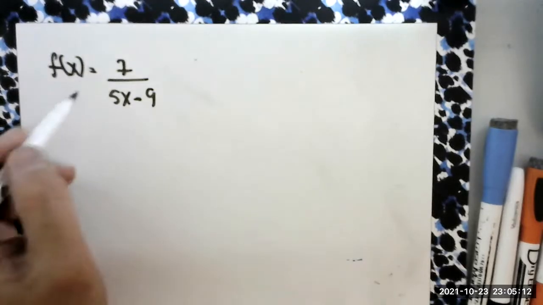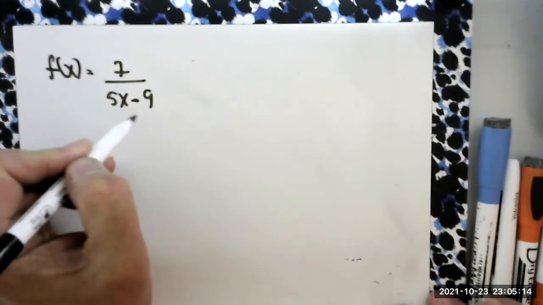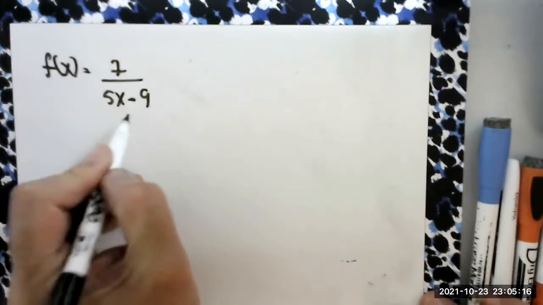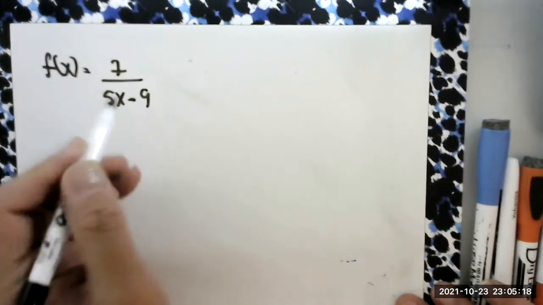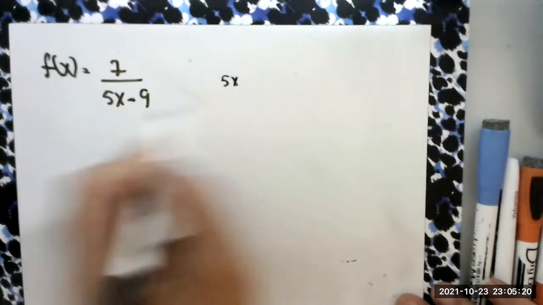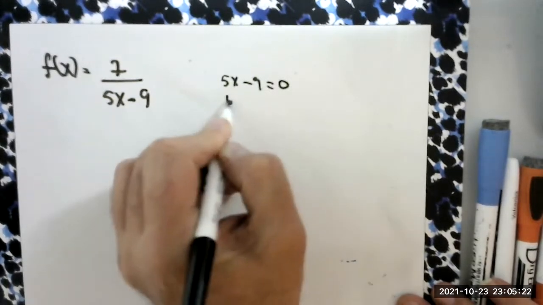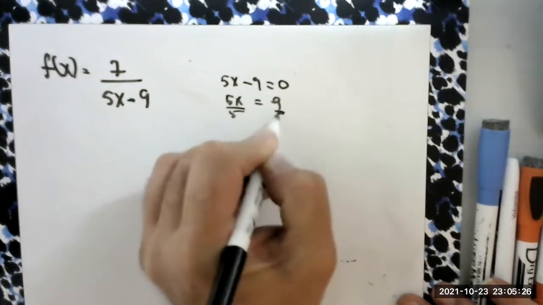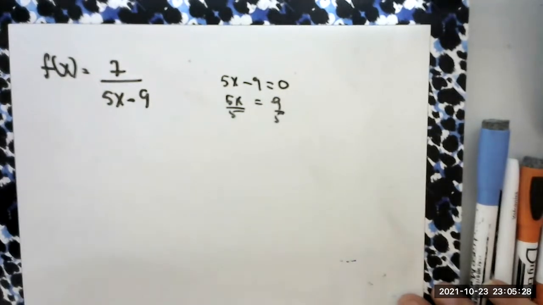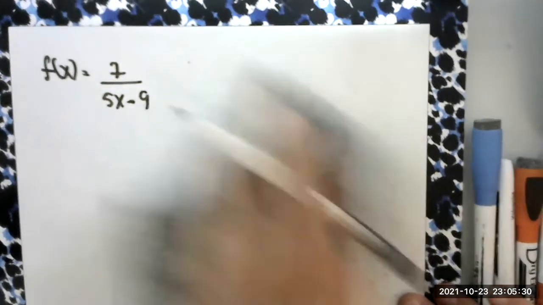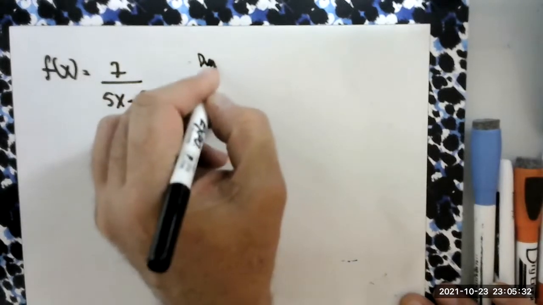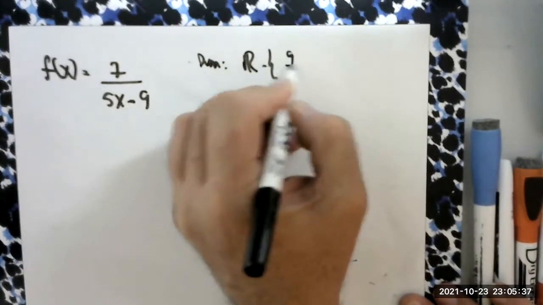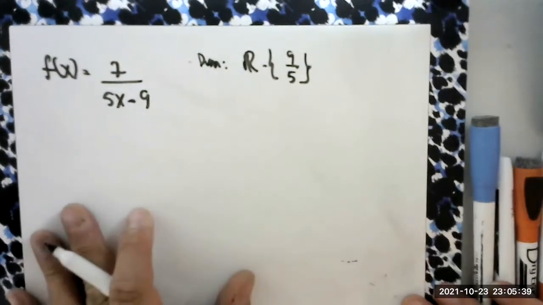Let's try this one. f of x equals 7 over 5x minus 9. Remember, I need to avoid 0 in the denominator. So when 5x minus 9 equals 0, 5x equals 9, I divide by 5, so x is 9 over 5. So the domain of the original function will be all real numbers except 9 over 5.